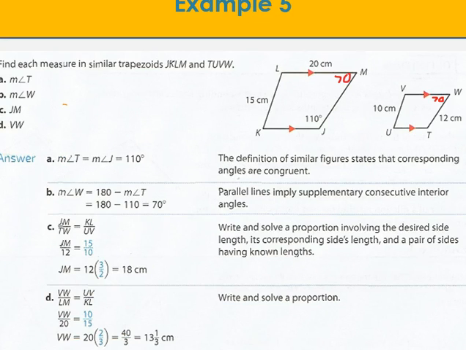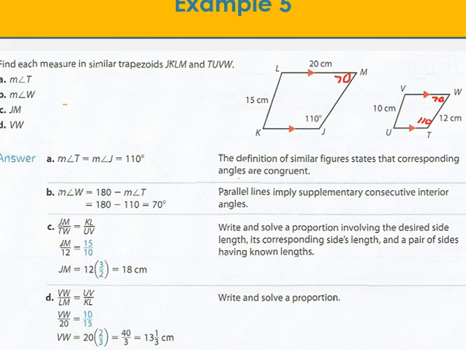I went ahead and zoomed this in so you can see it a little better, and so I can write on it. I also just jumped ahead and filled in the measure of angle M here, because if J and T are 110, both of those angles are going to be 70 degrees.